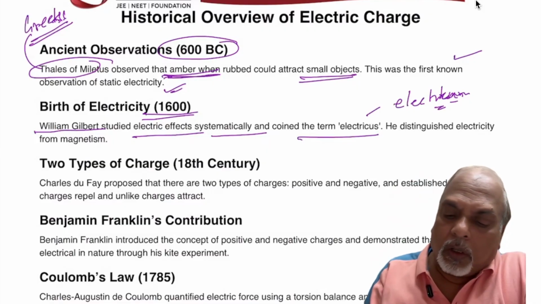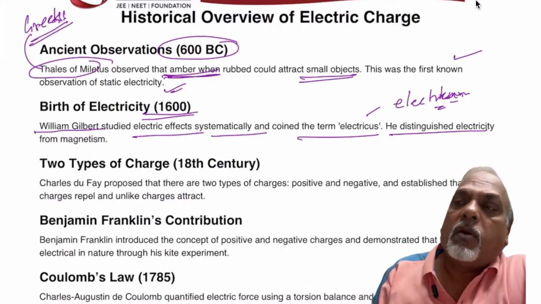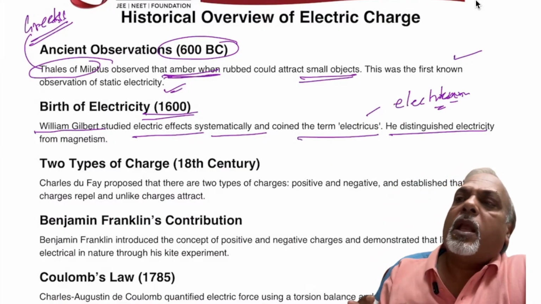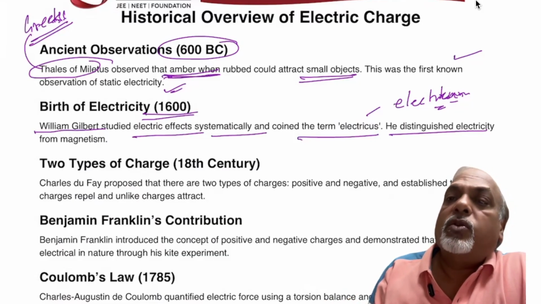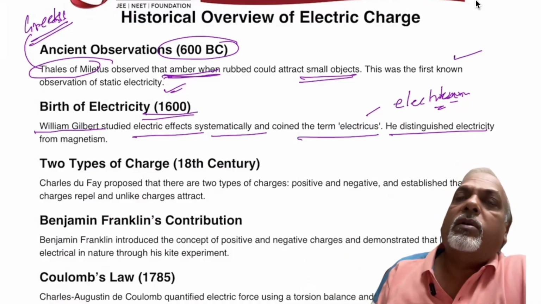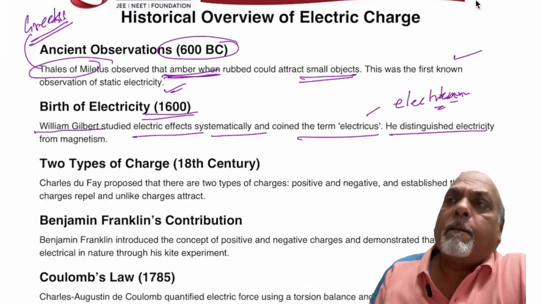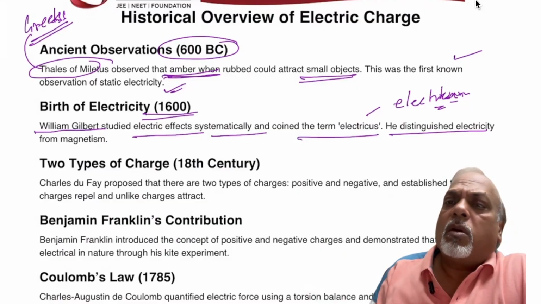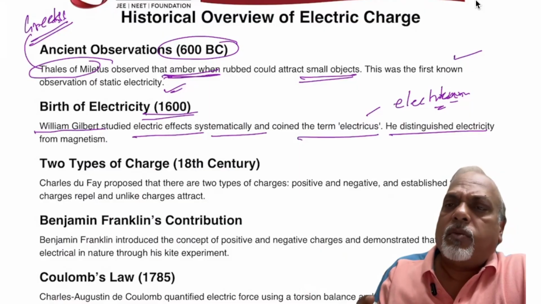He was also able to distinguish electricity from magnetism. Means at that time certain stones, the naturally occurring magnets, were also found, and the magnets started attracting iron pieces. That was also a very miraculous discovery. So William Gilbert distinguished electricity.